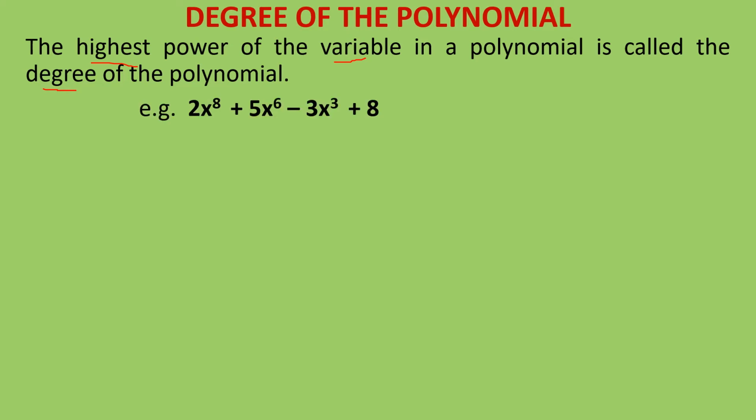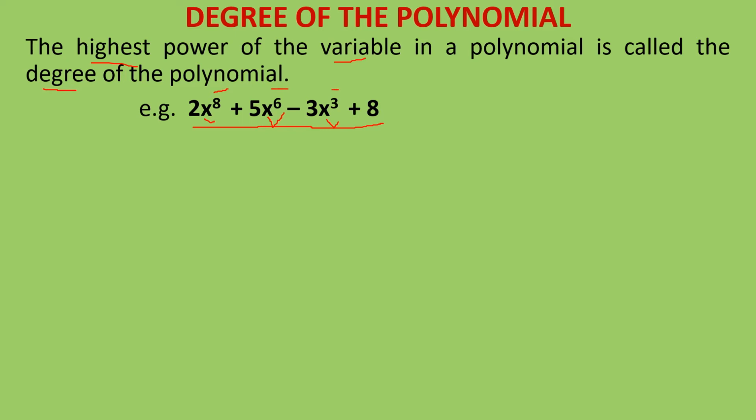For example, I have written one polynomial here, 2x raised to power 8 plus 5x raised to power 6 minus 3x cube plus 8. Now if you see this polynomial, here the variable is x, right? Everywhere it is x only. And the powers of the variable here are 8, 6 and 3.